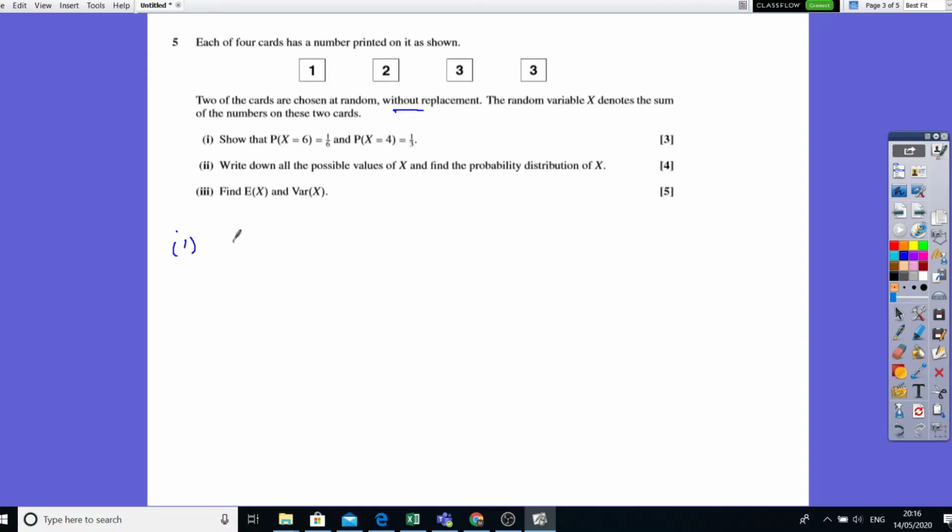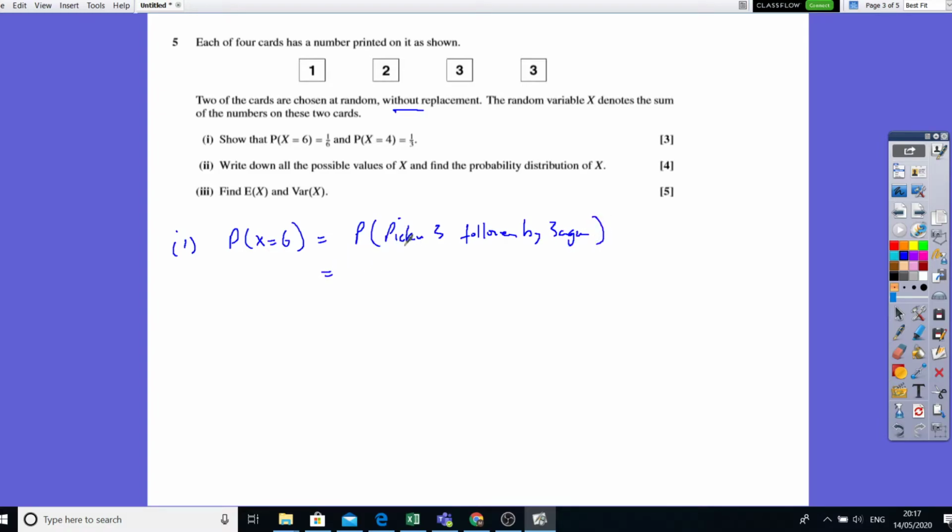Now, the probability that the sum is going to be 6 is the probability of picking a 3 followed by a 3 again.